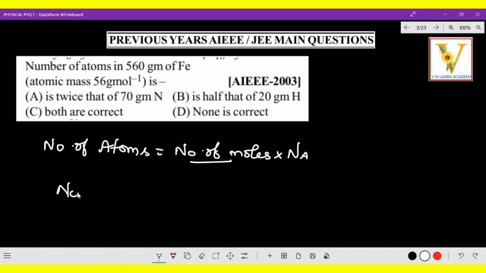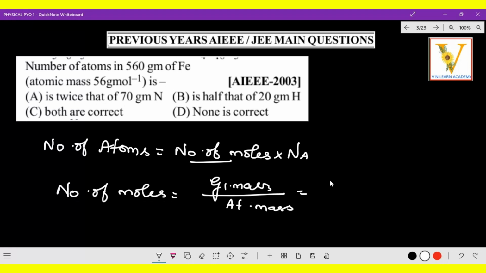Number of moles equals given mass divided by atomic mass. The given mass is 560 gram, and the atomic mass of iron is 56. So here it is 10 moles.